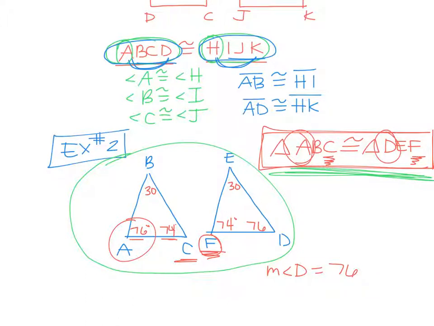Okay, then here's your first kind of, this isn't technically a proof yet, but the first thing that we're going to do proof-like, okay? Example 3 is going to ask you, are the triangles congruent?